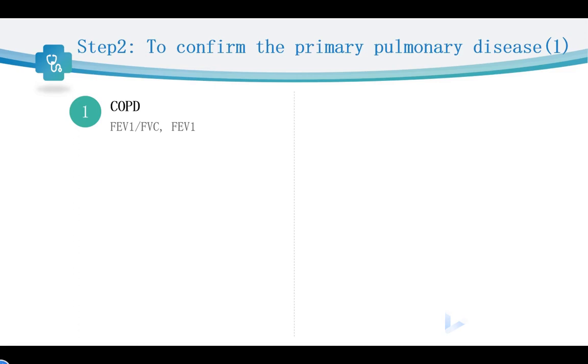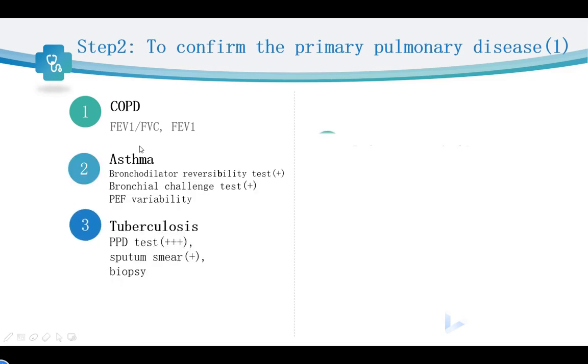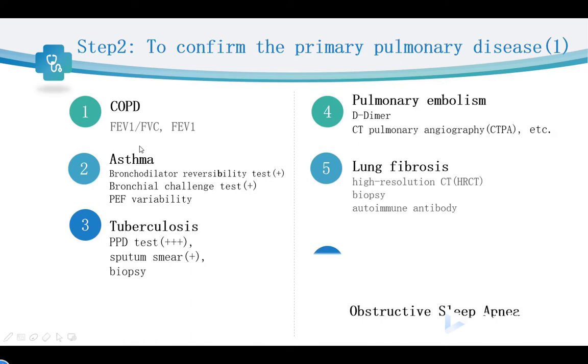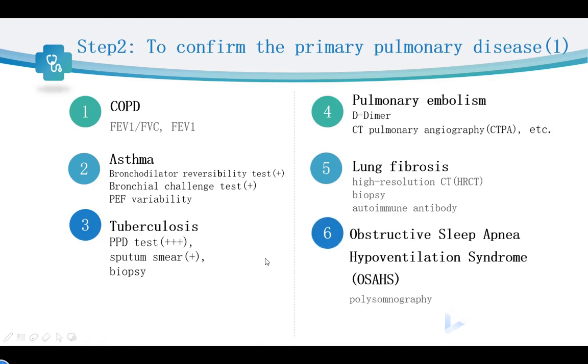And now we move to step 2, to confirm the primary pulmonary disease or thoracic disease. It's the same with the auxiliary examinations.